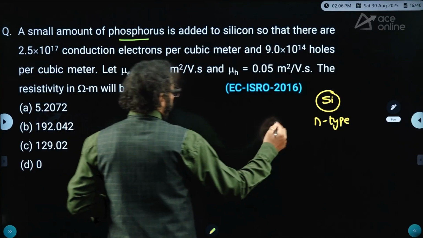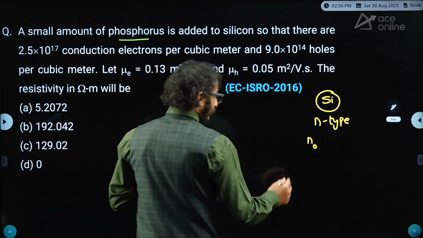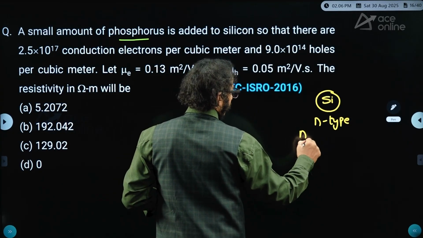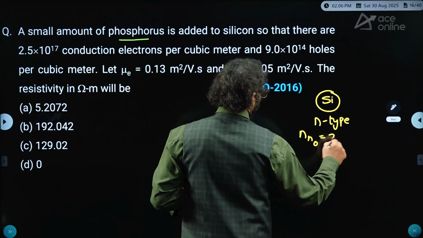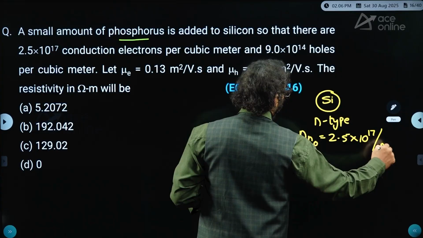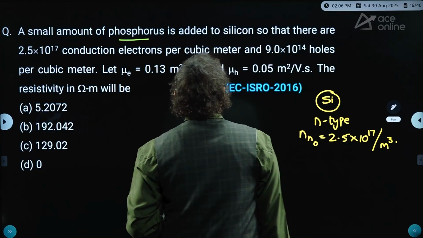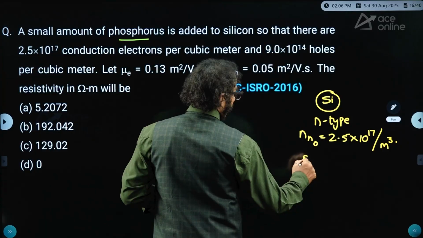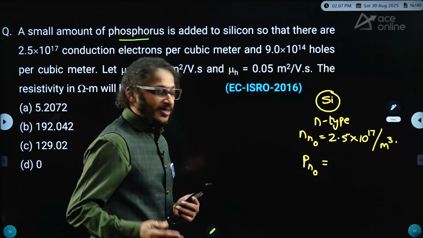So, let me write N naught. How much has the examiner given? 2.5 into 10 power 17 per meter cube, right? And 9.0 into 10 power 14, I think Pn naught, because in an N-type semiconductor, holes represent the minority concentration of carriers.